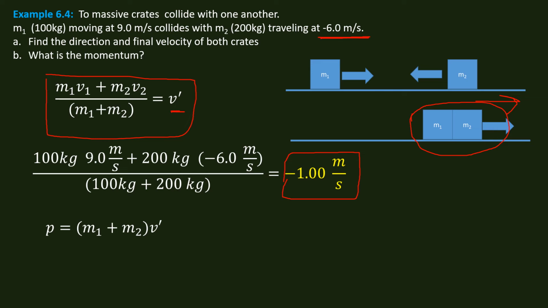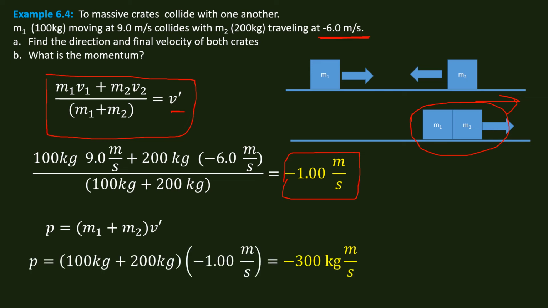They want us to find the momentum, and that is going to be -300 kilogram meters per second. Because we have a negative answer, the masses are moving in the negative direction, which is to the left in this setup. It could be the opposite way. It depends how you set the problem up, or how you're asked to do the problem.